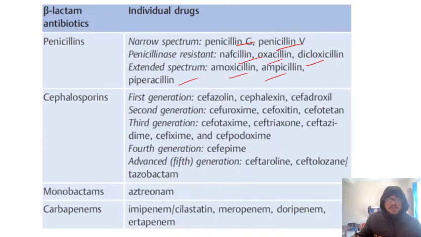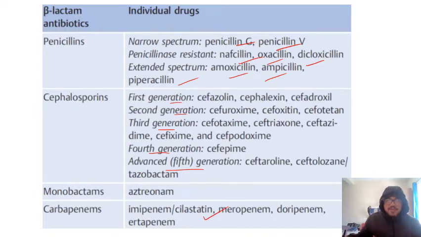For cephalosporin, there are first, second, third, fourth generation, and advanced, that is fifth generation. For monobactam, the example is aztreonam, and for carbapenem, examples are meropenem, doripenem, ertapenem. So the list goes on.